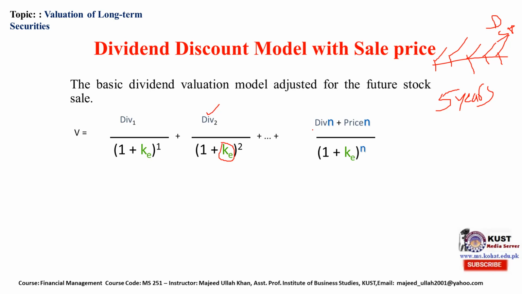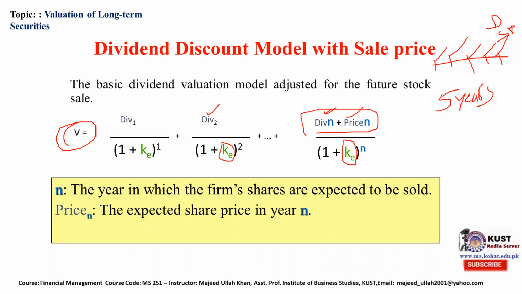So in the last year we will discount two things: one is the price of that share, and the other is the dividend of the share, at the required rate of return. All these discounted values give you an intrinsic value, which is what the investor should pay to buy that share.